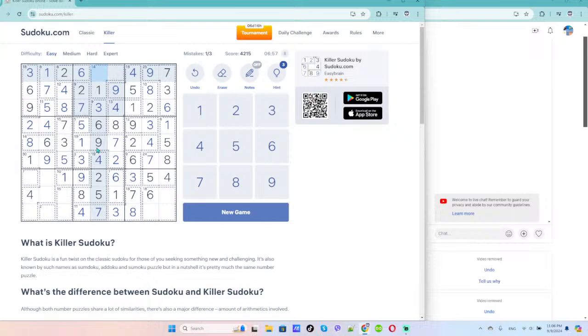And now the missing number of this column, guess what, is number 8. And now I can write down number 5 as the final number of this row.